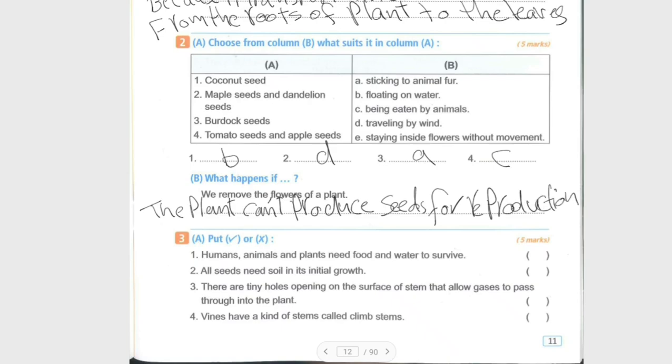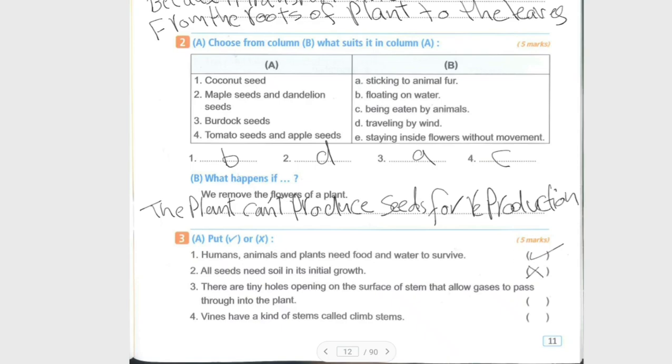Okay. Number 3, put true or false. Humans, animals and plants need food and water to survive. The answer is true, of course. Number 2, all seeds need soil in their initial growth. The answer is false.